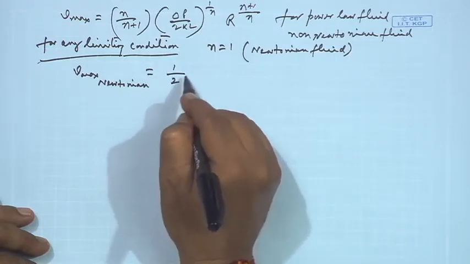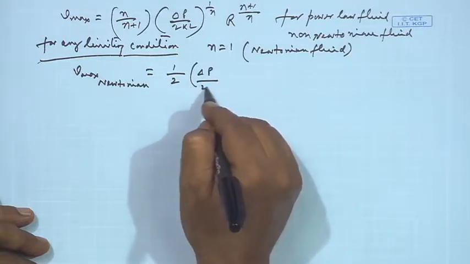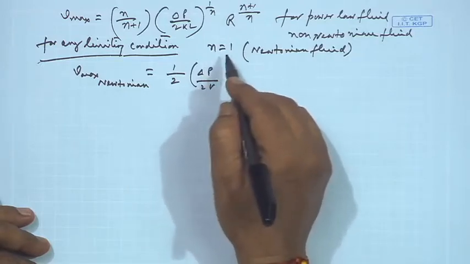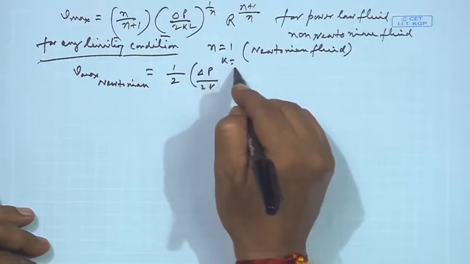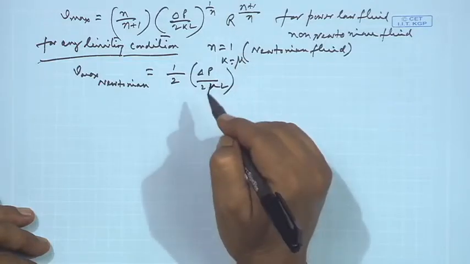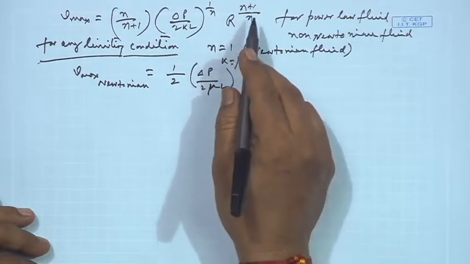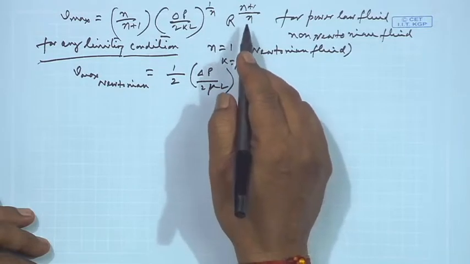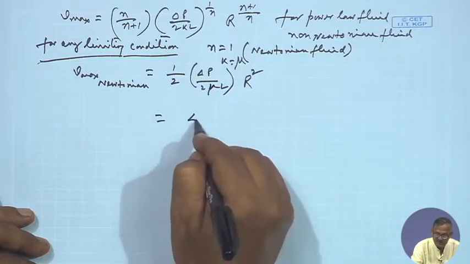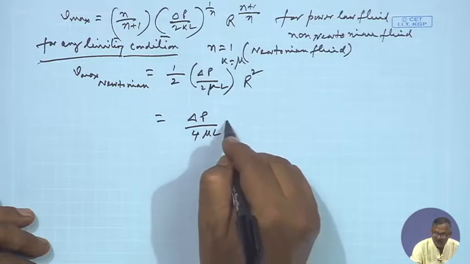So, 1 by 2, delta p by 2 k, okay, here n is equal to 1 and k is equal to mu. So, delta p by 2 mu L, 1 by n is equal to 1, r to the power n plus 1 by n, that is n is 1, r square. So, this is nothing but delta p by 4 mu L r square.